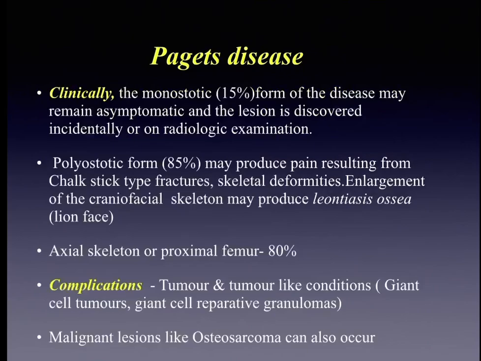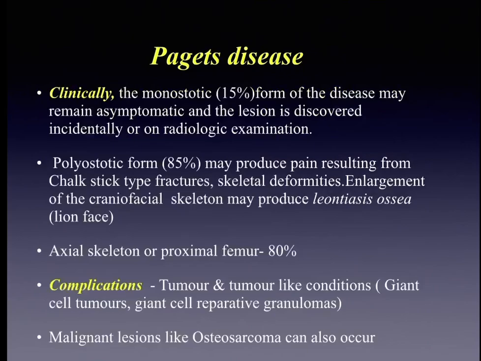Coming to the clinical manifestations of Paget's disease, it can manifest as a monostotic form, which may remain asymptomatic and can be discovered incidentally or on radiologic examination. The polyostotic form, seen in about 85% of cases, can present with pain, chalk stick-like fractures and some skeletal deformities.